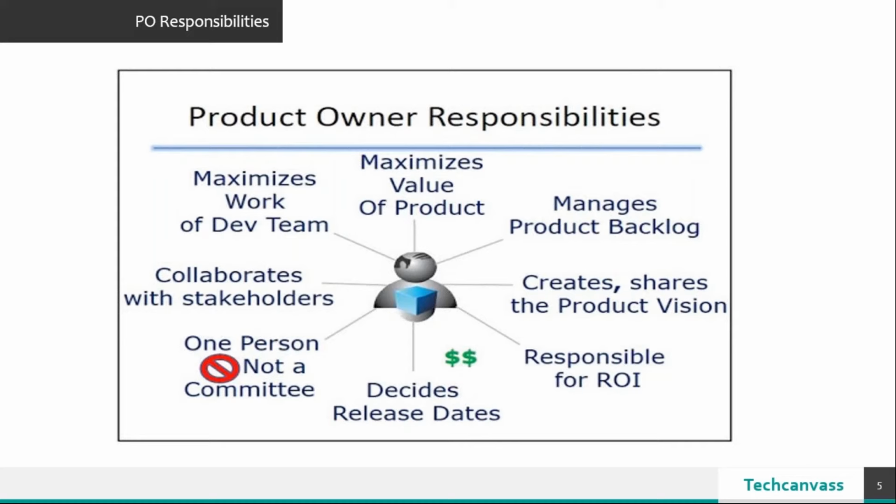So the prioritization of the work that you do is very important as a product owner, because the main aim is to ensure that whatever is being delivered by the development team, we get the maximum value out of it. So that's what the main crux or the main focus is all about.